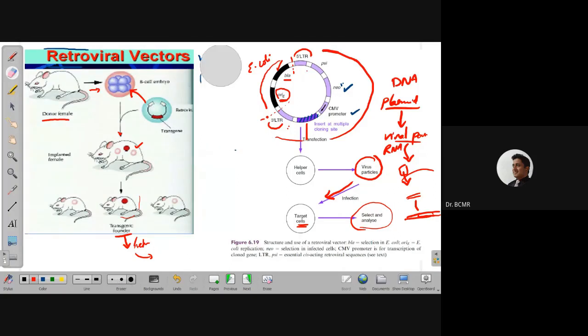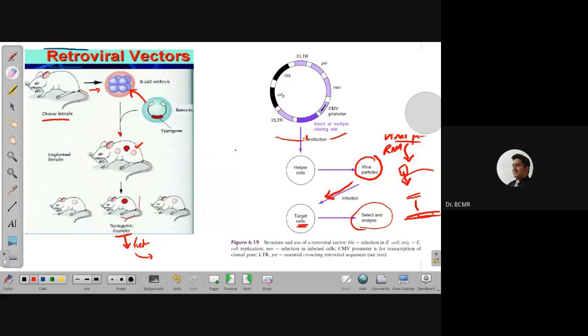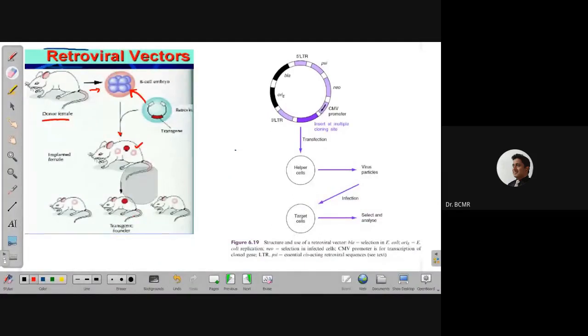So I think you have enough idea about what we are speaking, because we have read the majority of the vectors. Only thing I would want to say before I move on is, why should we not have a complete virus here?